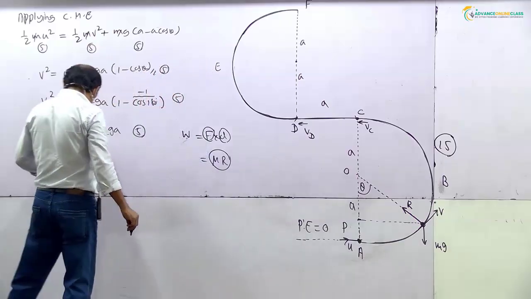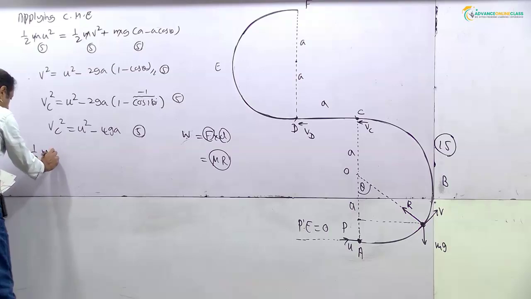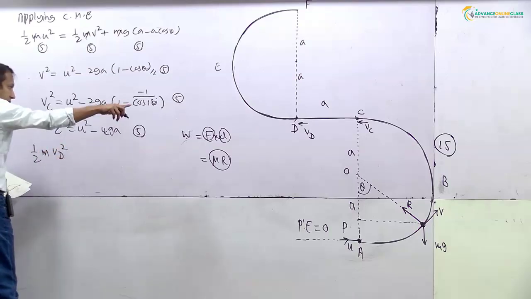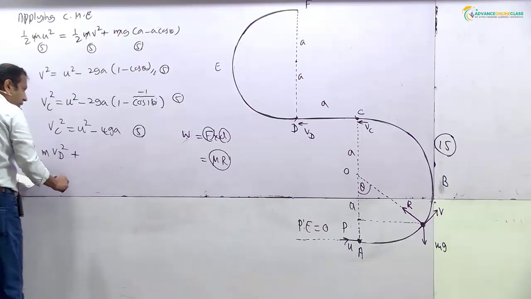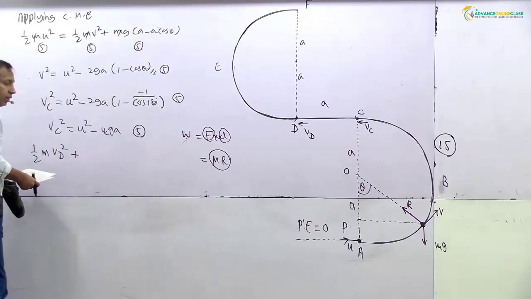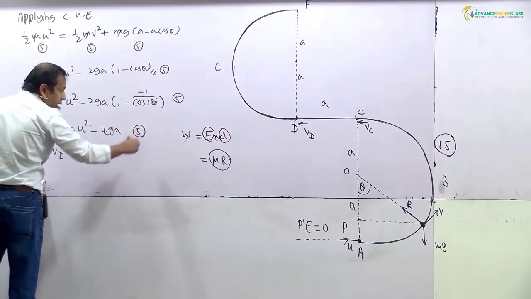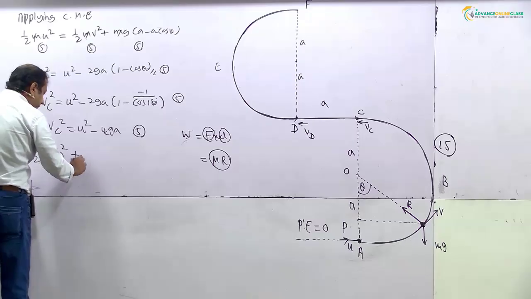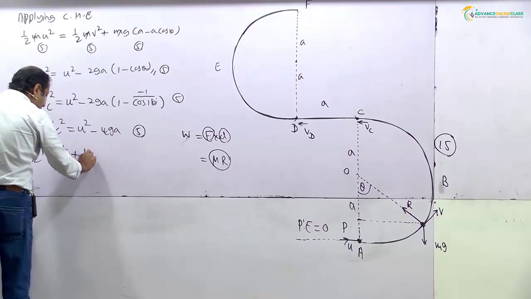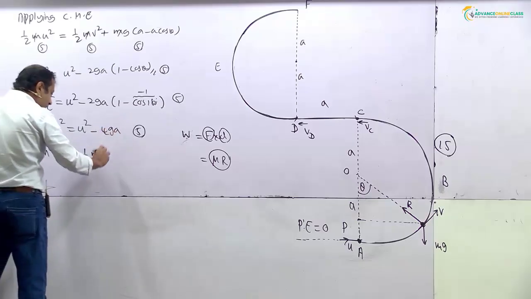Therefore, you can write half m Vd squared, the kinetic energy at D. Once the particle comes from C to D, the energy it needs to do work against friction is given by Fd. F is the frictional force given as half mg, and the distance is a.